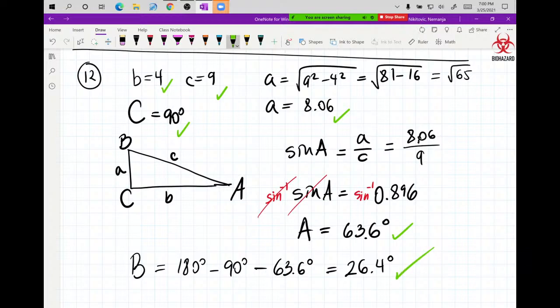There they are, all 6 calculations. We have 3 sides and 3 angles.